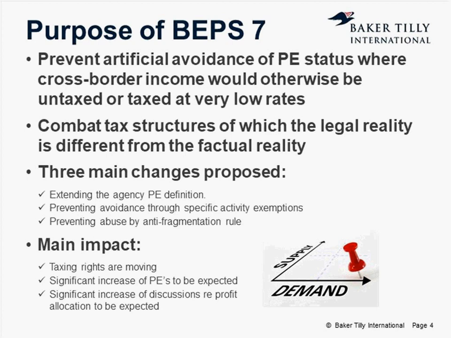One can see that taxing rights are more and more changing to countries in which the products are actually being delivered, where the services are being delivered. And that's a real change in the international tax environment, and it does not only relate to action point 7, you can also see it in other action points from the BEPS plan, like for example the transfer pricing related items.